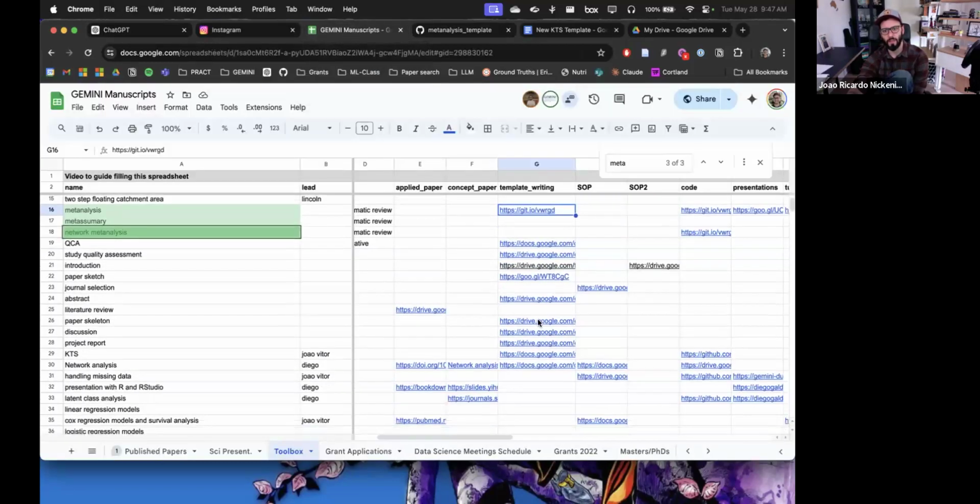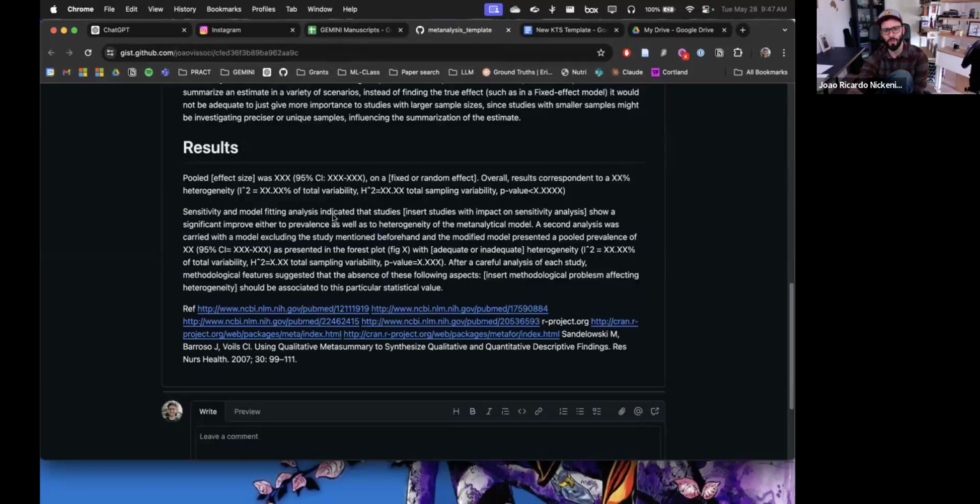It also has the structure for the results. This is literally something you would copy and paste into your study, and then change the areas under brackets to whatever is from the study at hand. That would give you something that we know has good quality. That's where we want to get to.